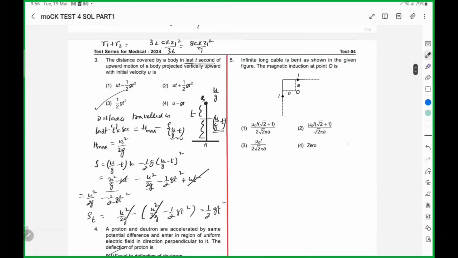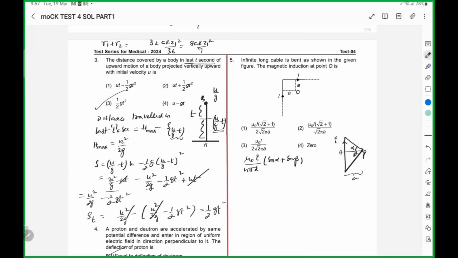Here, if it is a finite wire carrying current I at a distance A, at this point, magnetic field is mu naught I by 4 pi d sin alpha plus sin beta.